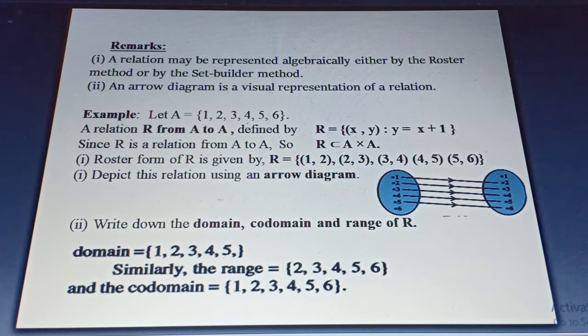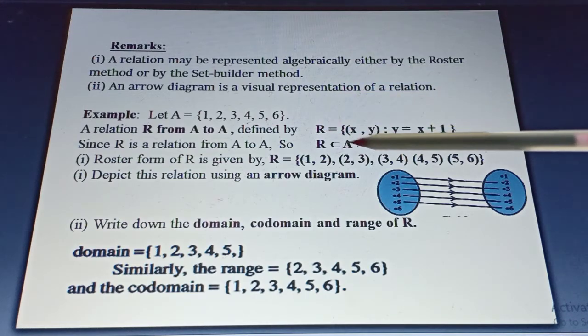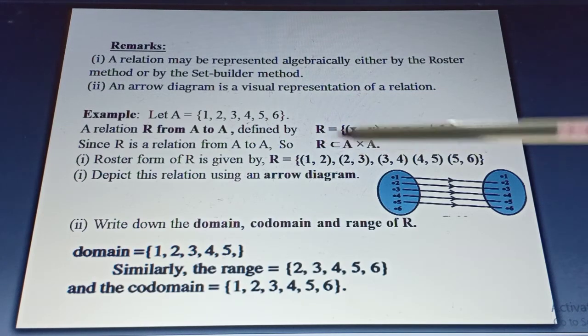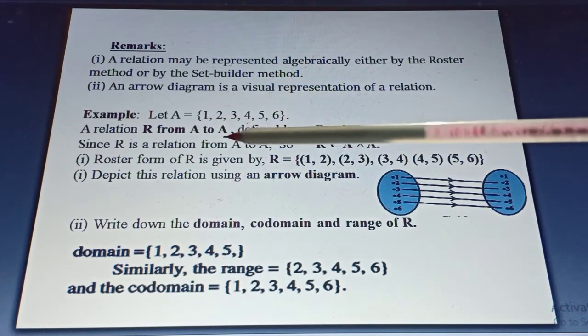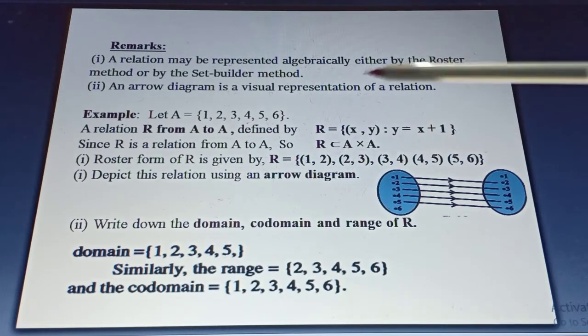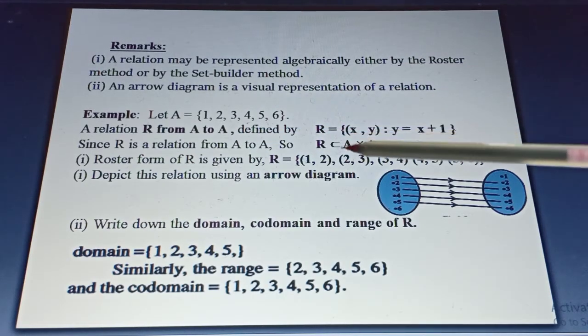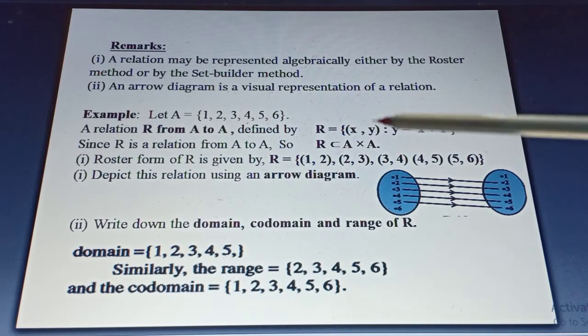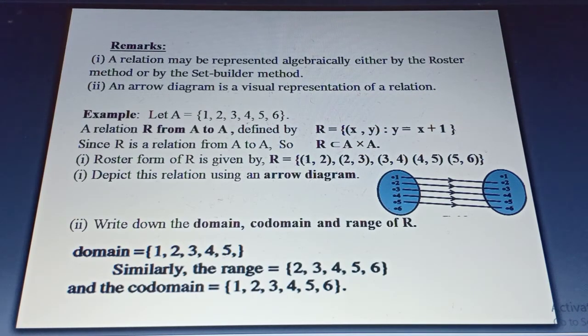Let us consider A be a set whose elements are 1, 2, 3, 4, 5, 6. A relation R from A to A is defined as follows; this relation is given in set builder form. R is a subset of A cross A, whose definition is {(x, y) : y = x + 1}.